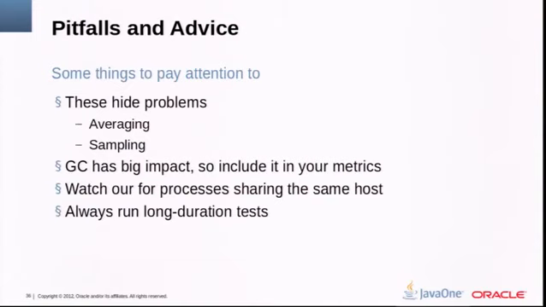Because some applications don't care, averaging is good, right? But for some applications that are very critical, averaging is not good because it hides the problem. Same goes with sampling. With sampling your application, you will miss some events that are critical. And you need to make sure, again, that you monitor, track, and measure every event that you're processing.